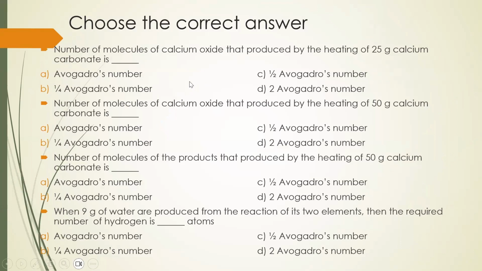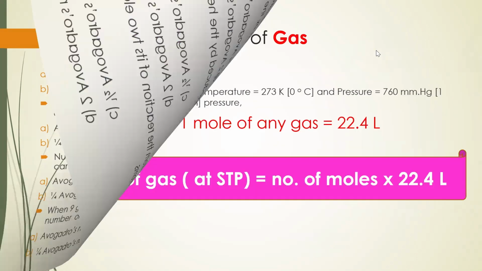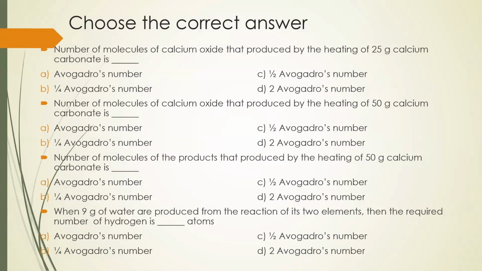So these are examples. Number of molecules of calcium oxide that produced by heating 25 gram of calcium carbonate. These problems are tricky because they have an indirect conversion. I will give you the idea, okay? I will solve the first one with you and you can solve the other one.